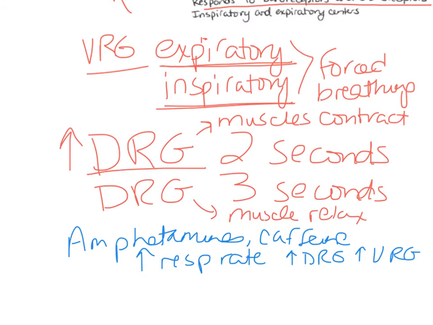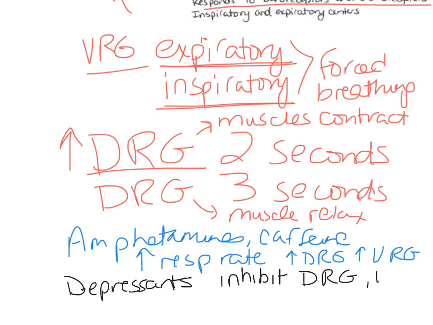But there are other drugs, such as central nervous system depressants like barbiturates and opioids, that inhibit the respiratory centers, so they inhibit the DRG and the VRG. When a person is ODing on heroin, that's what's happening. These centers are being inhibited and shutting down, so the normal respiratory rate ceases, and they stop breathing.